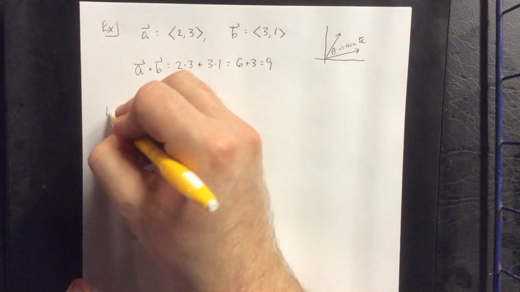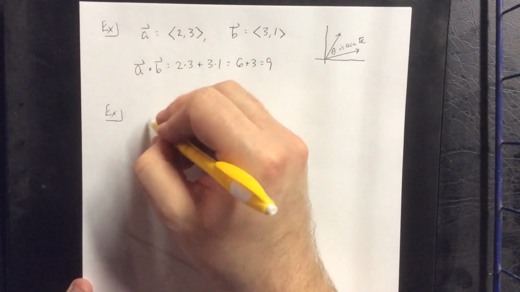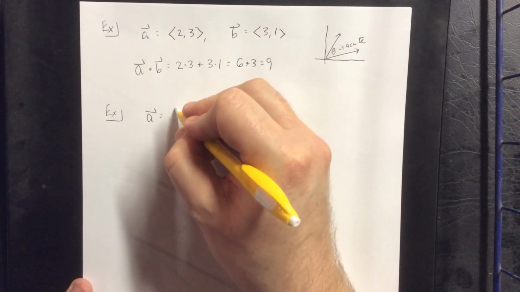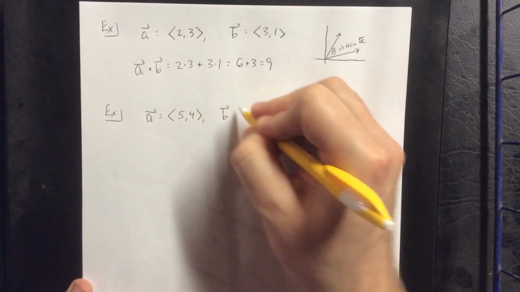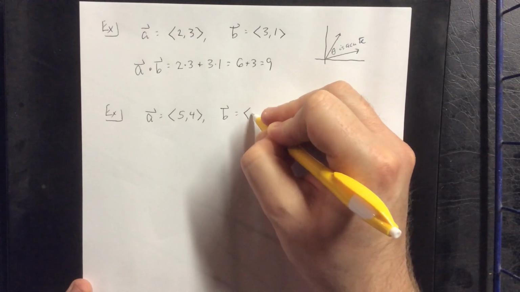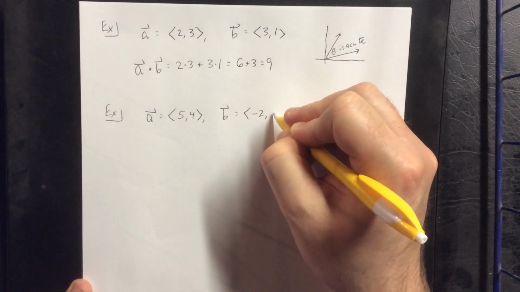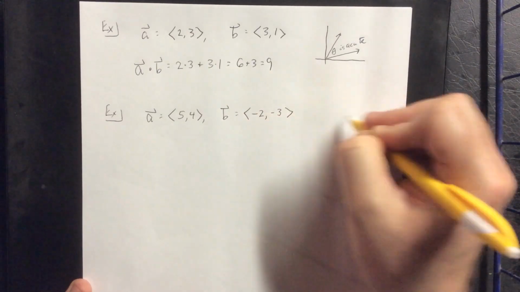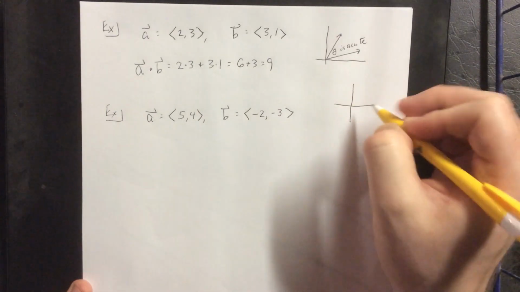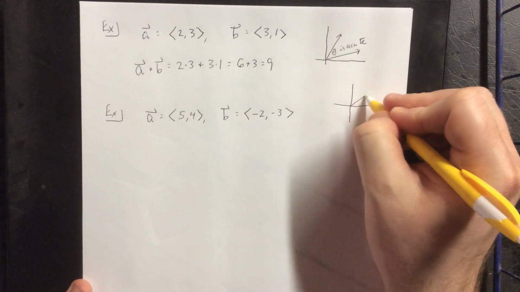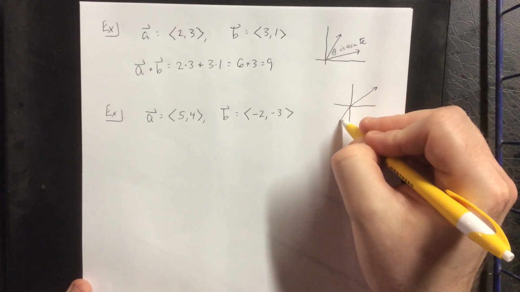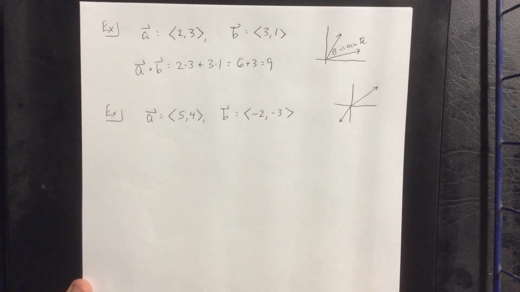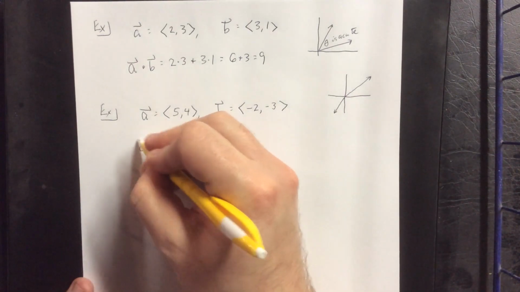Now for another example, if we say that A is the vector 5, 4, and B is the vector -2, -3. So vector A points into the first quadrant, and vector B points into the third quadrant. My guess is, because they're pointed in opposite directions, that we're going to get something that is negative.